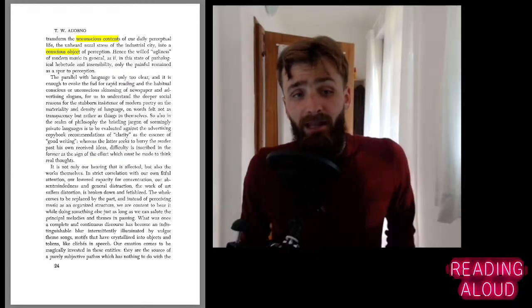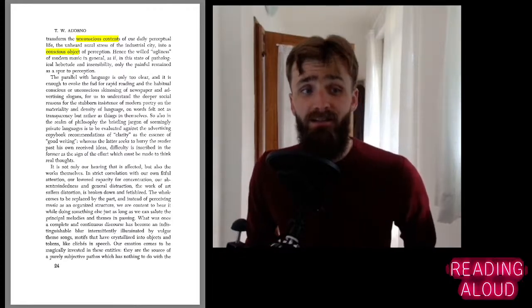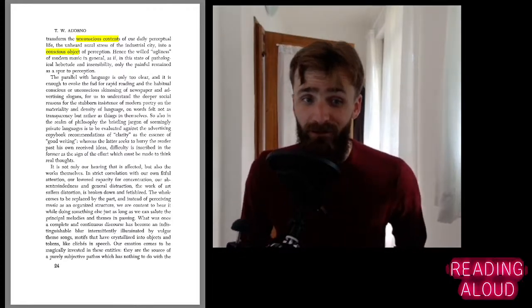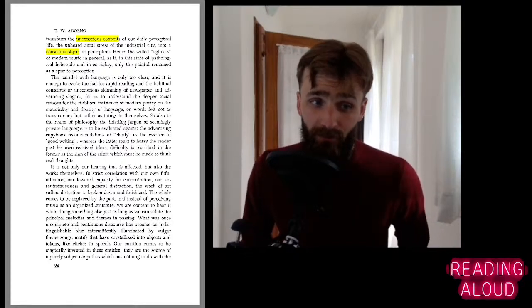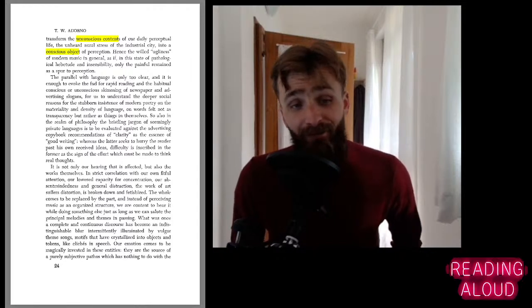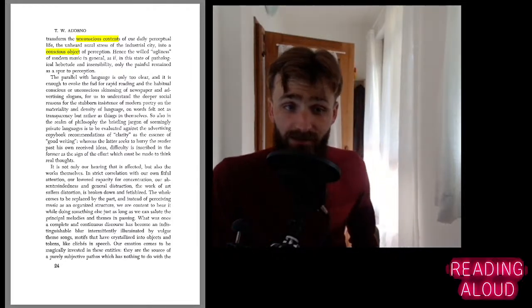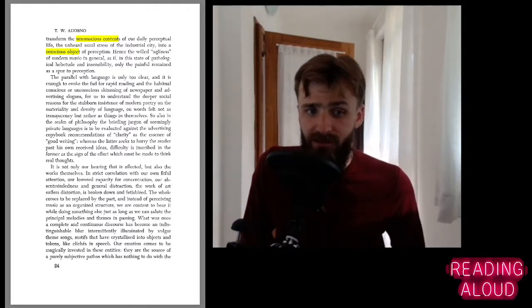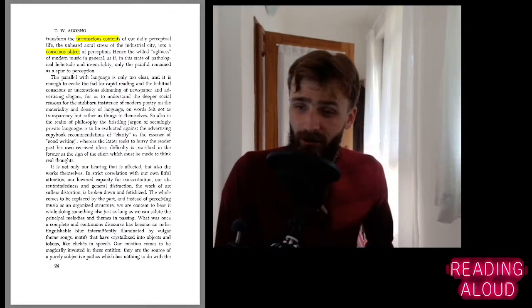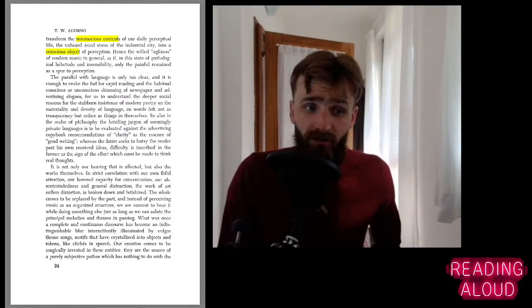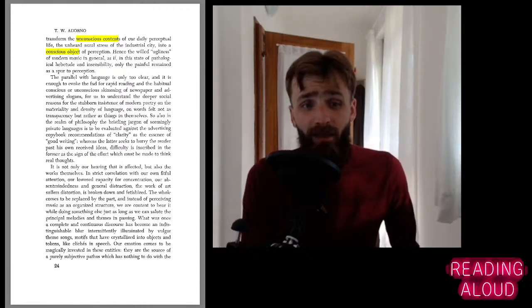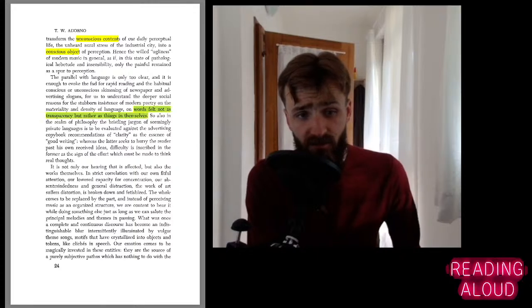The parallel with language is only too clear, and it is enough to evoke the fad for rapid reading and the habitual conscious or unconscious skimming of newspaper and advertising slogans for us to understand the deeper social reasons for the stubborn insistence of modern poetry on the materiality and density of language, on words felt not as transparency, but rather as things in themselves.